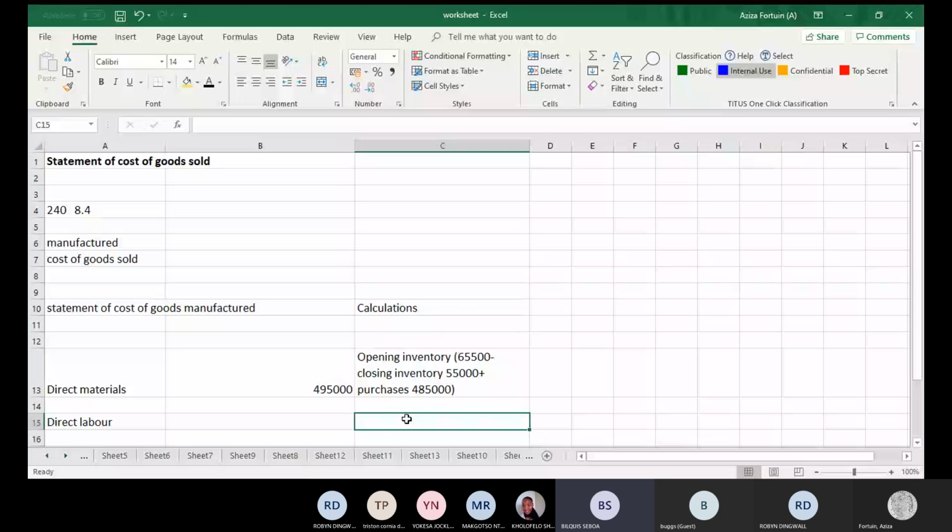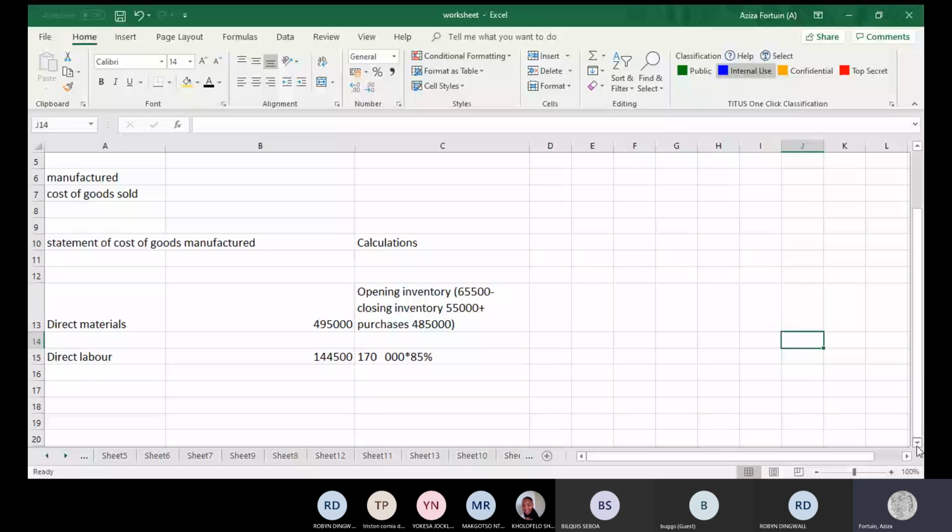Aziza, here they say labor cost, of which 85% is direct labor. So it's that 170,000 times the 85%, which is 144,500. Okay, exactly. So you need to listen to what they're telling you, what information they're giving you. They won't always give it like that. They could give it any other way. Let's do your production overheads.